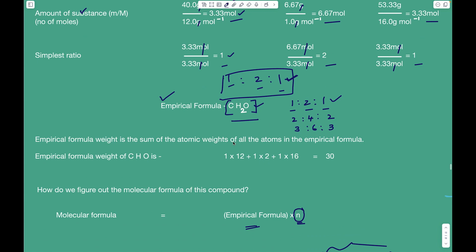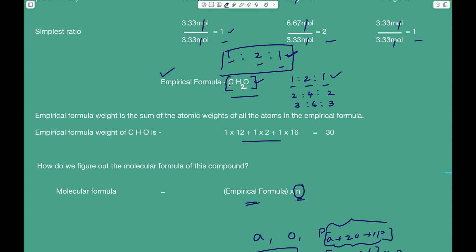And because we already know the empirical formula, we can calculate its mass by adding up the masses of the individual atoms present in the formula. Now, if you add up the atomic weights of all the atoms in the empirical formula, you would get its empirical formula weight.